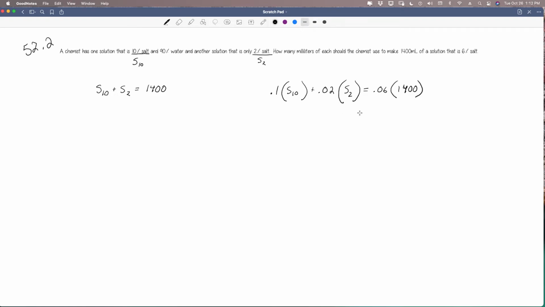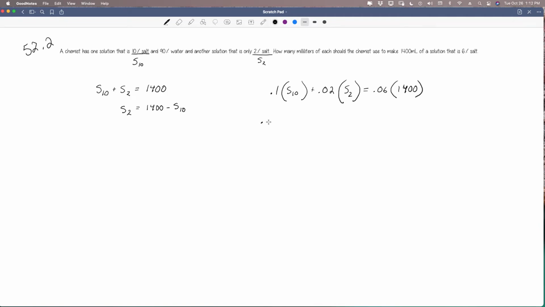So now we need to come up with a substitution value. Why don't we substitute in for S2. So I'm going to say S2 equals 1400 minus however much is S10. So now we can sub in for S2.